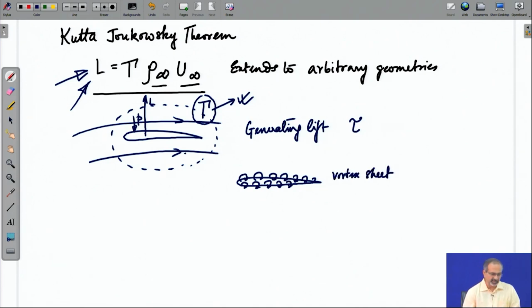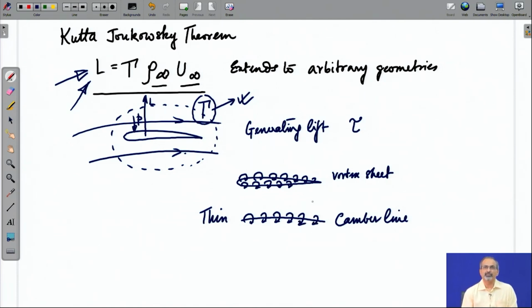This vortex sheet is wrapped around the airfoil with a certain distribution of vorticity, but when the airfoil is very thin, you can approximate it to the camber line and distribute the vorticity along the camber line, and say that it is going to give us a fairly approximate picture of the actual surface geometry.